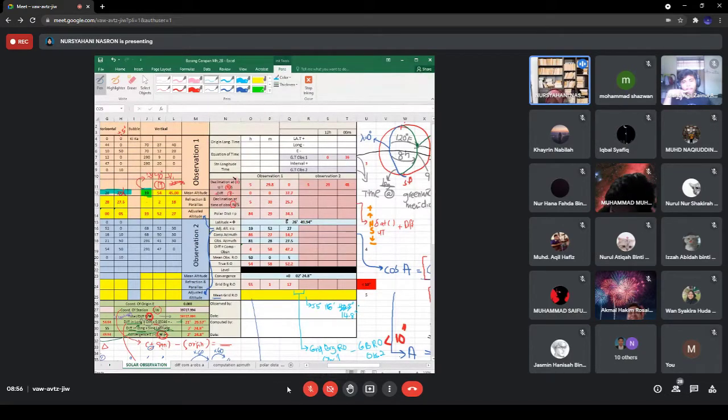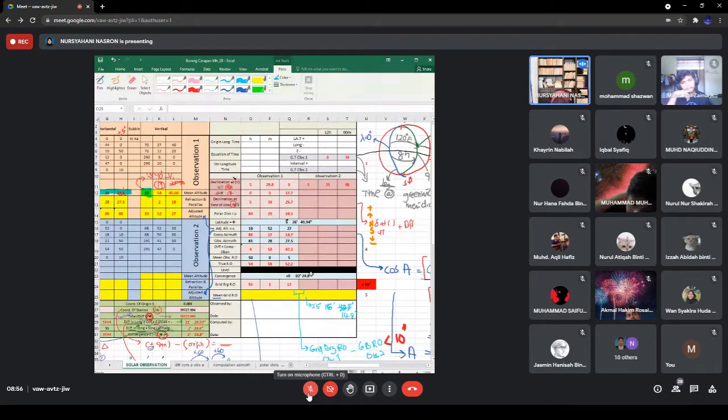Kamu tak buat lagi kan, betul tak? Dah buat belum? Yang lain? Belum. Okay, so this is the answer from Mubin. 55 degrees, 60 minutes, 14.8 seconds. Are you sure? It's okay.